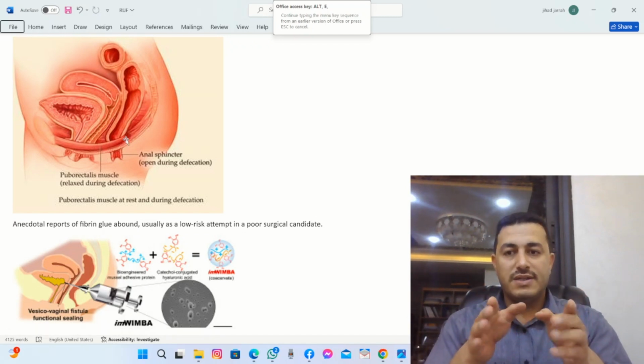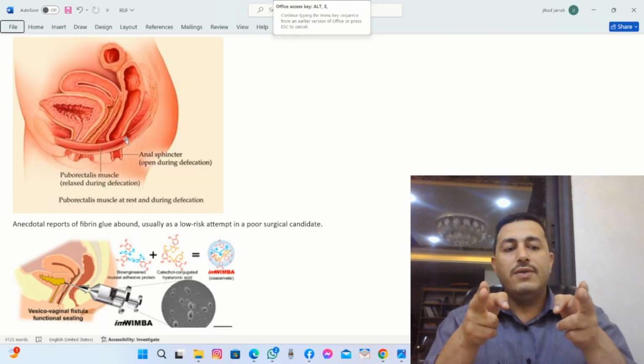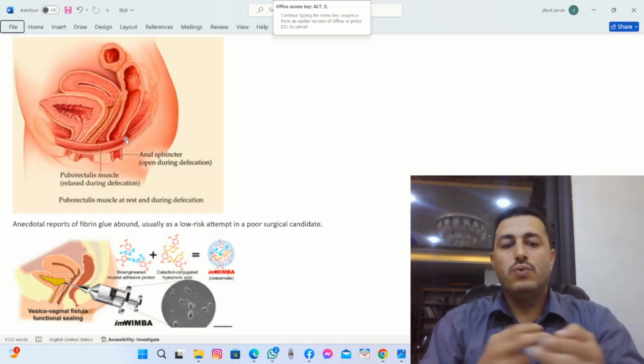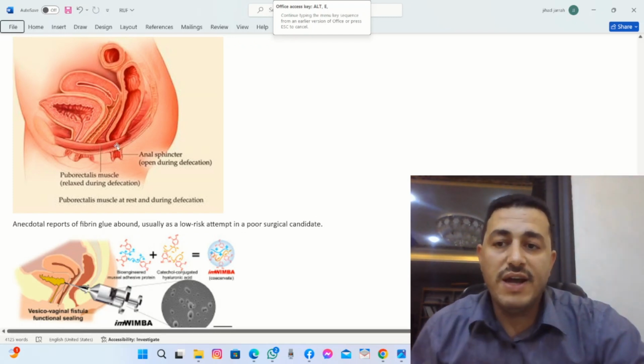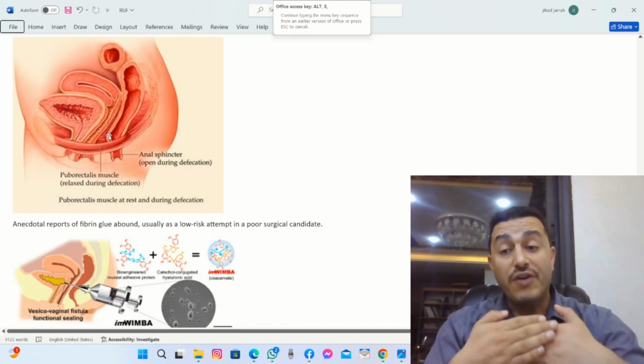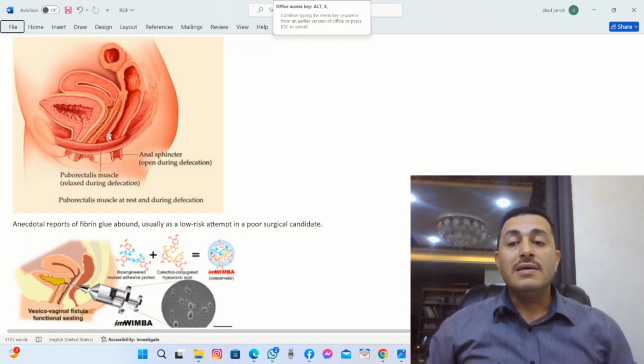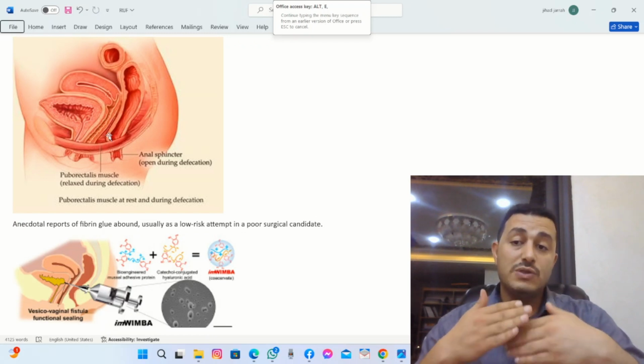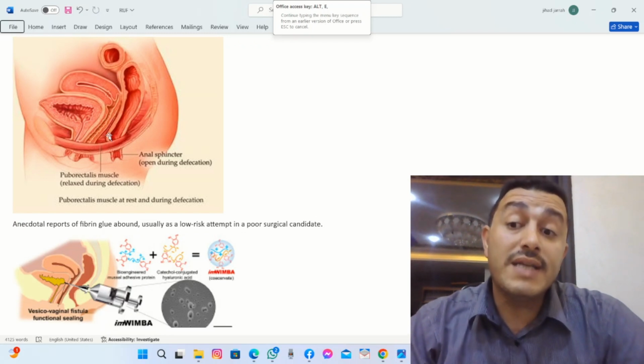This is after dissection, upper and medial, and we rotate it to engulf the anterior wall where the fistula is. We repair the fistula and we try to cover the fistula tract with the puborectalis muscle.